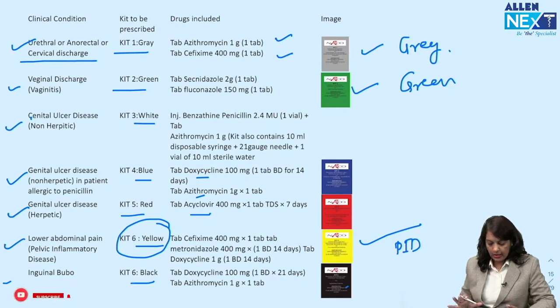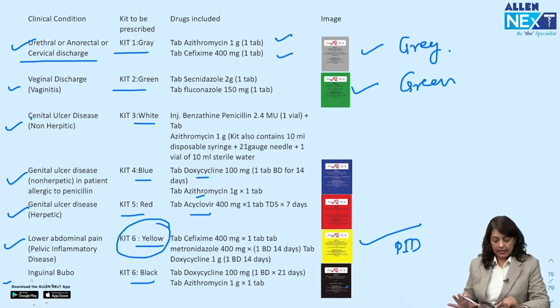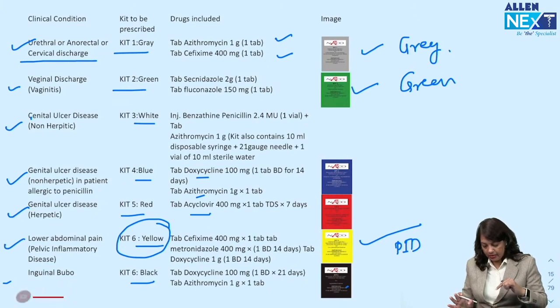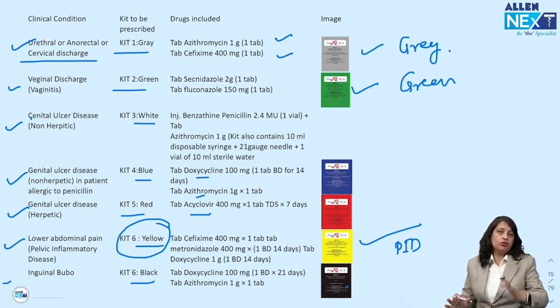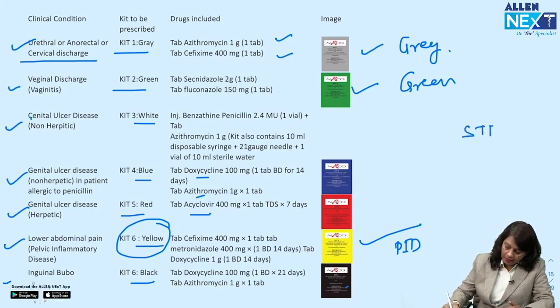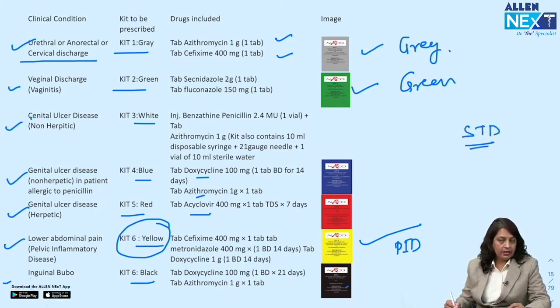So usually as a gynecologist, it is the grey color kit, kit number 1, for cervicitis. Kit number 2 is the green color kit for vaginitis, and kit number 6, that is the yellow color kit, for PID. The rest is usually dealt with by the venereal disease specialist, that is the skin specialist.